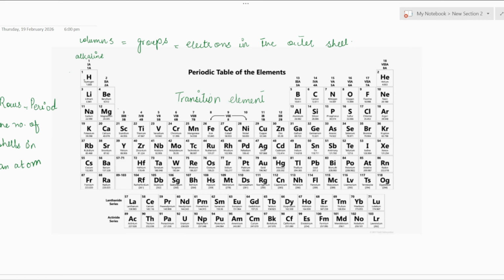Because when they are dissolved in water, they form an alkali. While these second group elements are called alkaline earth metals. Now, why alkaline earth? Because they are found abundantly in the earth crust, so that's why they're called alkaline earth metals. And moreover, when we dissolve these in water, they produce an alkali.